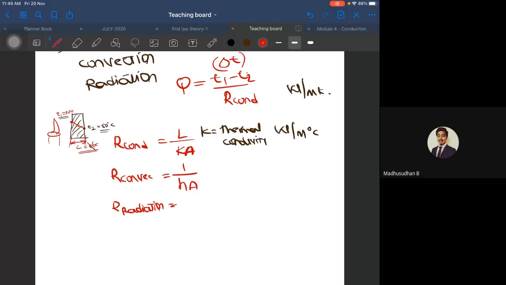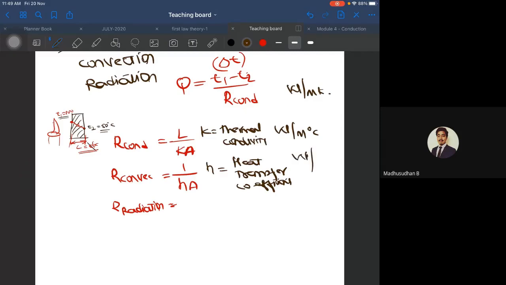Now, what should I call h, the value of h? The convective heat transfer coefficient. What is the unit of this?